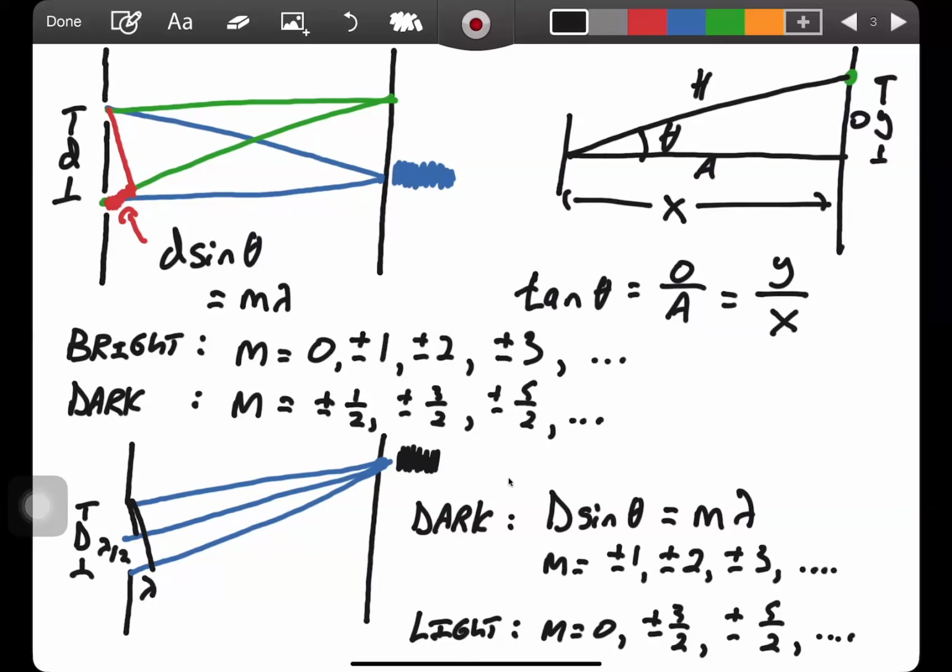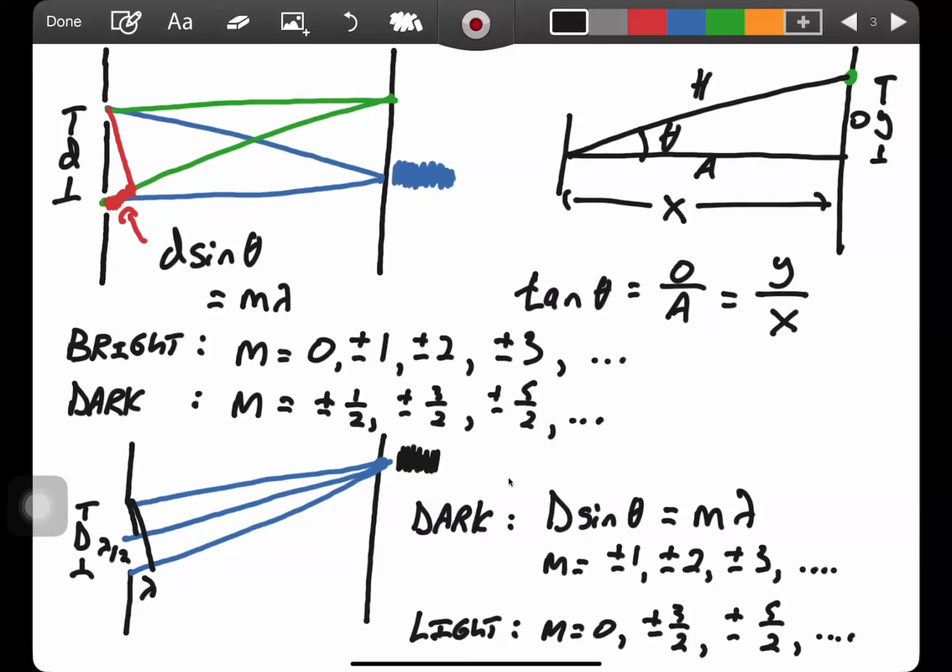Sometimes the differences in path length correspond to integer multiples, which means that even though some parts of the light have to travel further, they're still in sync. Because remember, these waves repeat. They're periodic. Even if they have to travel farther, if the amount they travel is precisely 1 wavelength or 2 wavelengths or 3 wavelengths or 4 wavelengths, they're still completely in phase with the parts of the light that had to travel less.